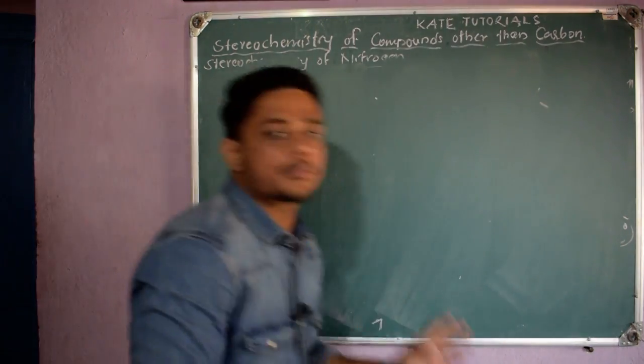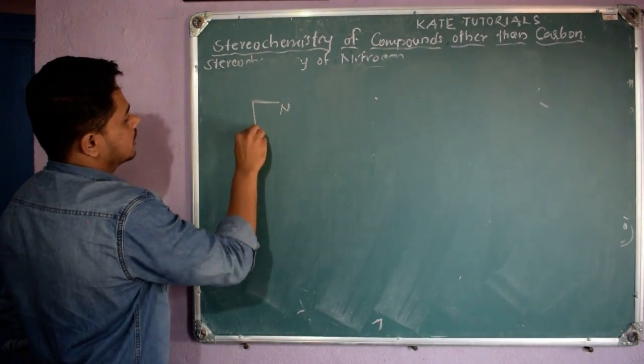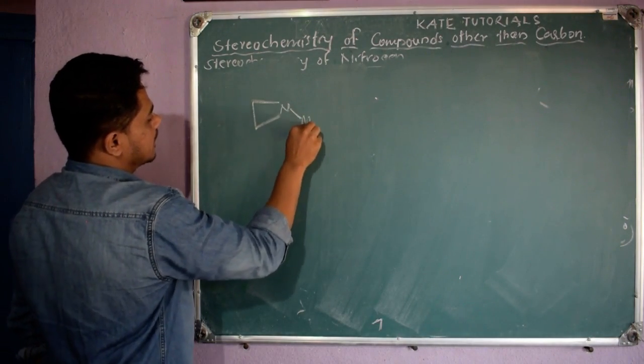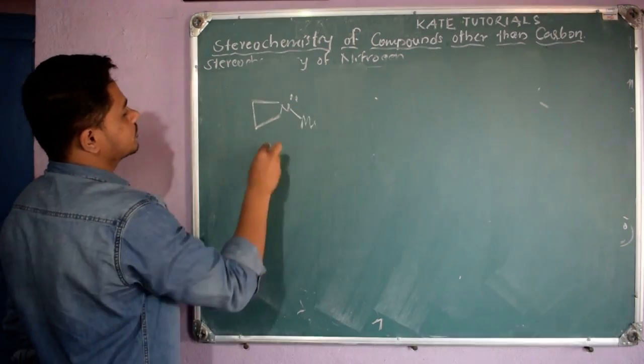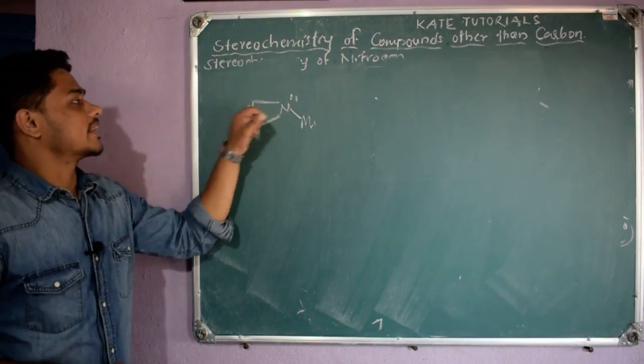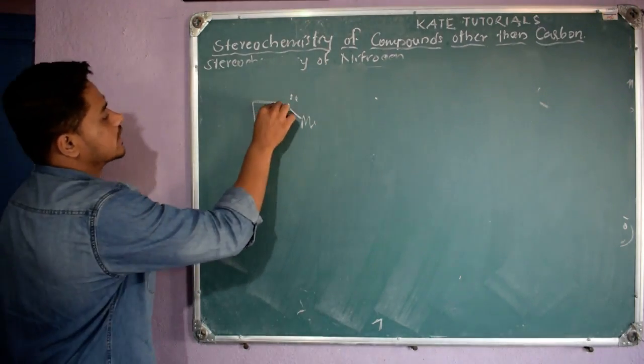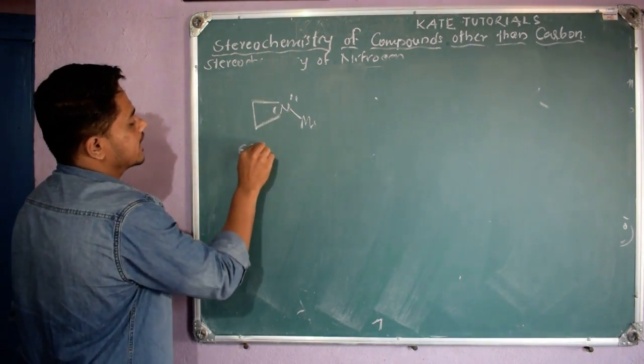To stop the inversion, what we will do is take this nitrogen, and here I have methyl, let us assume, and a lone pair, right? To decrease the inversion, we will make a ring-like structure. If the ring is there, the bond angle is 60 degree.